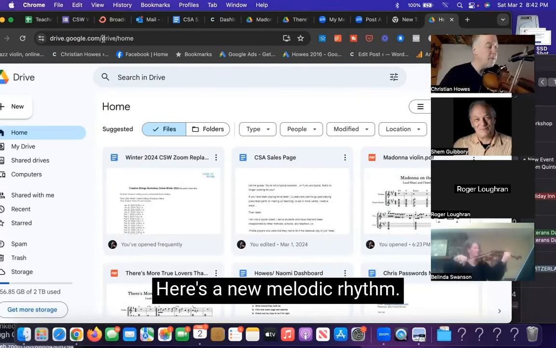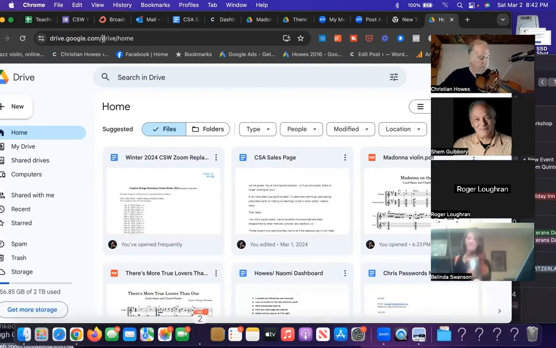Here's a new melodic rhythm. Your notes, that rhythm.